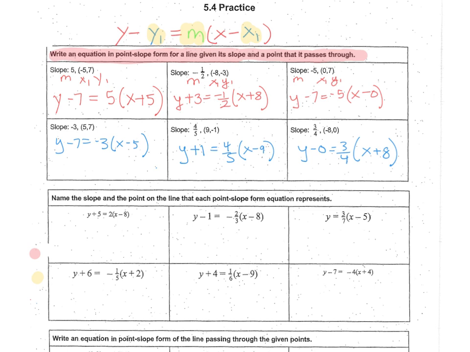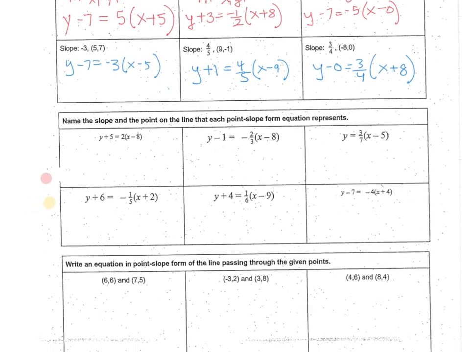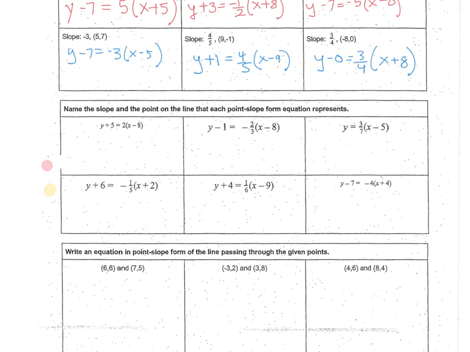All right, in our next set of problems, we are looking to identify the slope and the point that are creating this point-slope form. Honestly, the slope is always the easiest one to pick out.